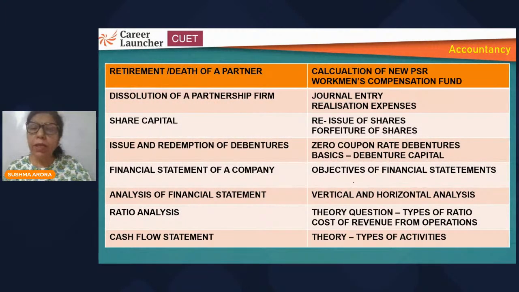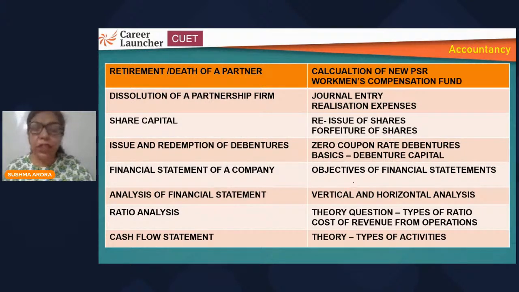Then retirement, calculation of new profit sharing ratio, workman's compensation fund. In dissolution, there will be some general entries and realization expenses treatment. In share capital, they ask questions from reissue and forfeiture. In debentures, the meaning of zero coupon bonds or debentures, and basic debenture questions like purchase consideration.